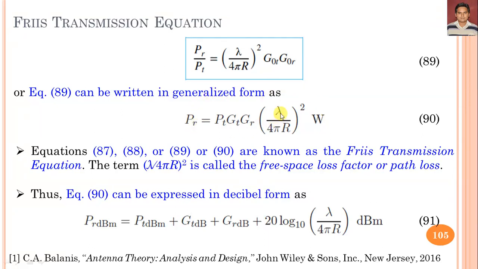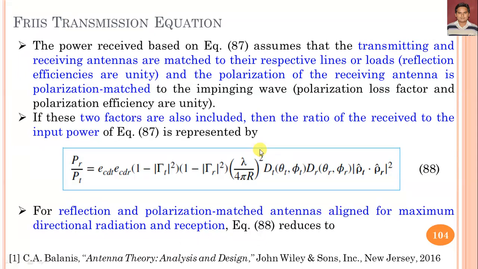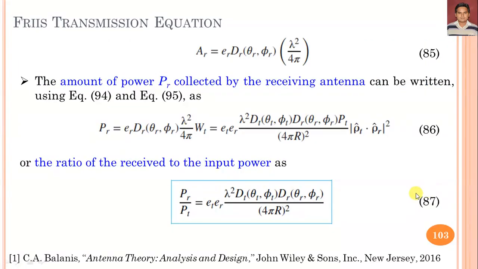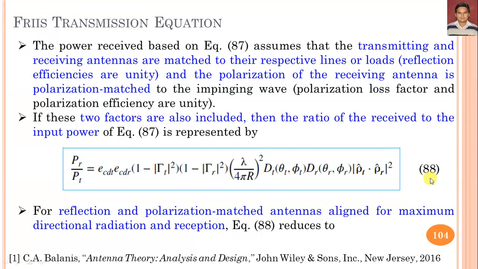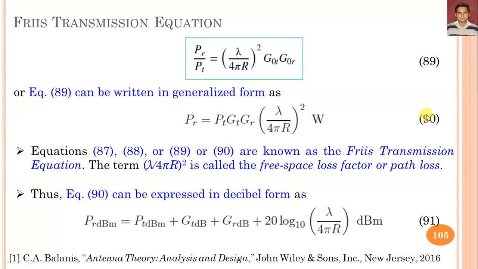And from these four equations, equation 87, 88, 89 and 90, one parameter we get is (lambda upon 4 pi R) squared.